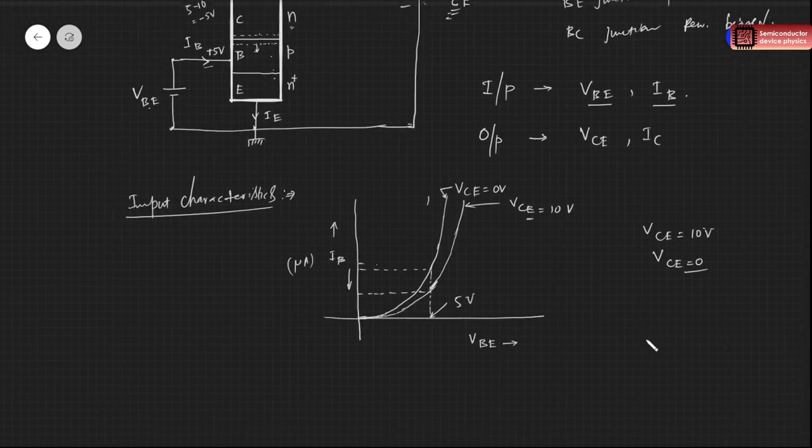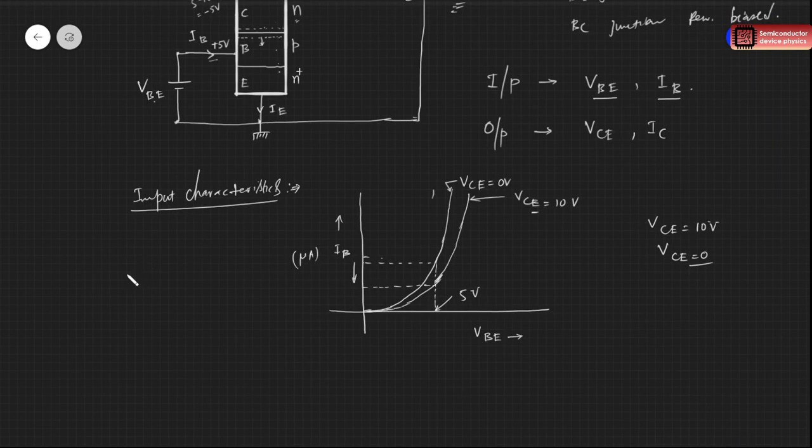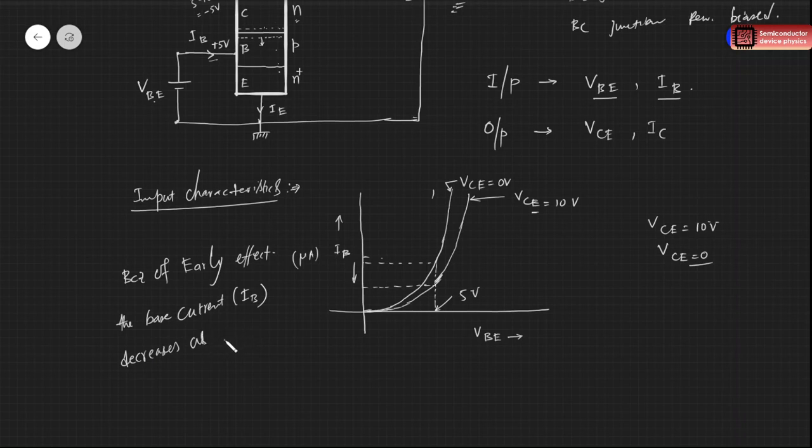Because of the early effect, the base current IB decreases as the base width, I mean the effective base width, decreases.